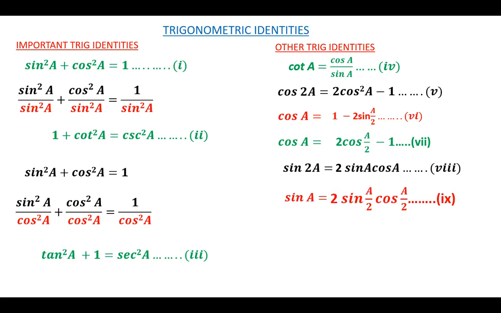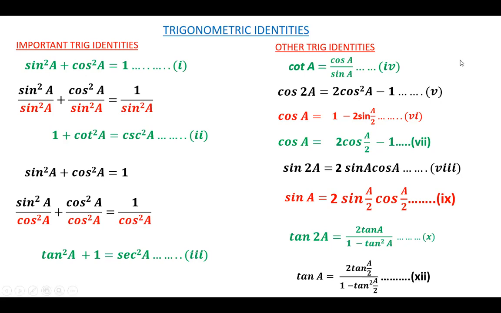Then there's also a half angle formula for sine, which I also talked about. We also have the double angle formula for tan and the half angle formula for tan, which I also explained.